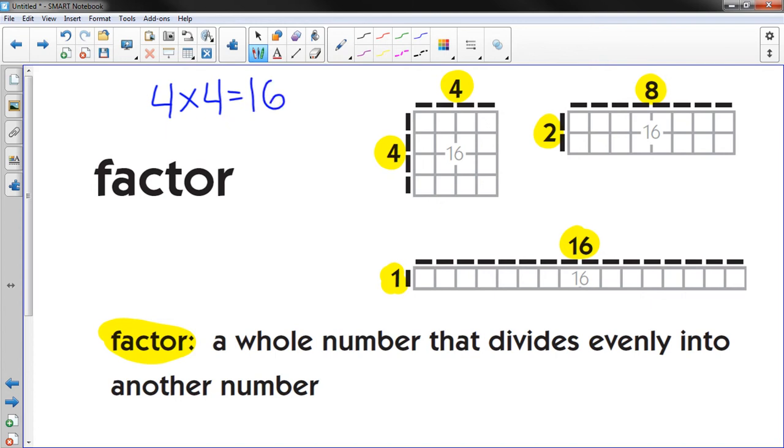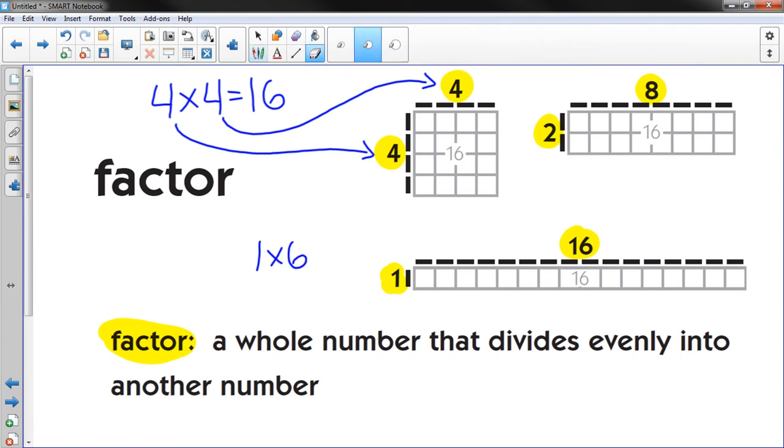So when you build your area model, these factors actually are the two different lengths or dimensions of your rectangle that you're going to build. So 1 times 16, let's try that again.